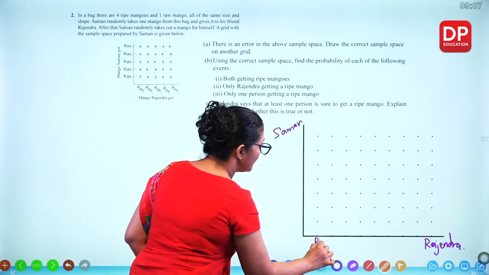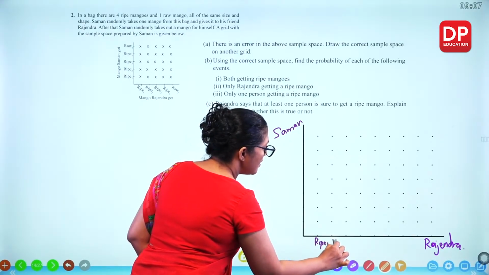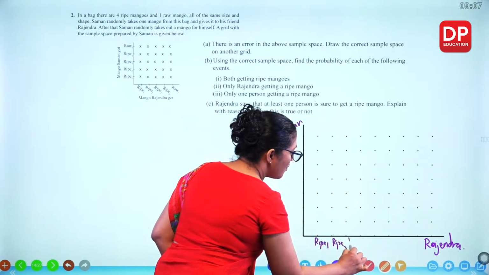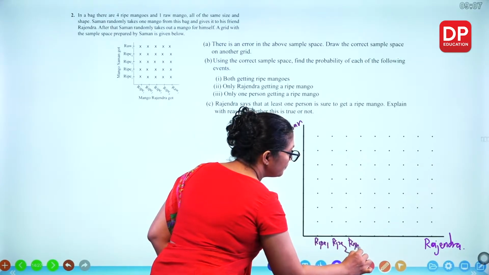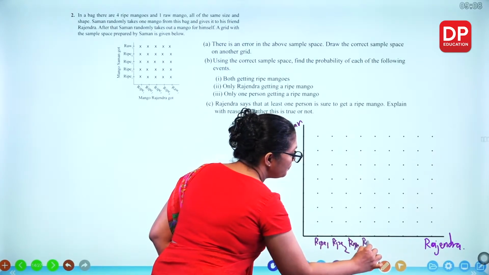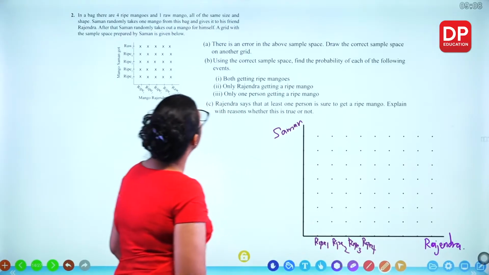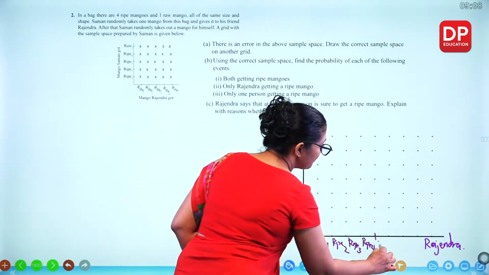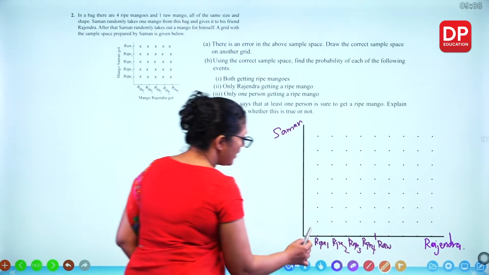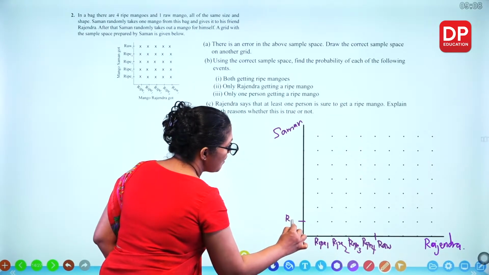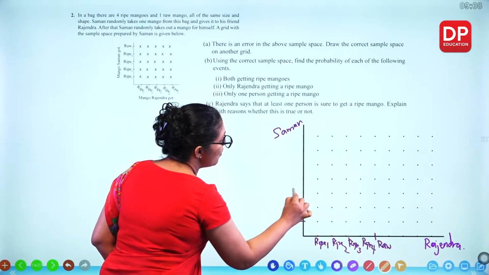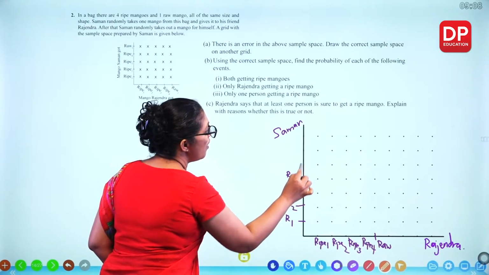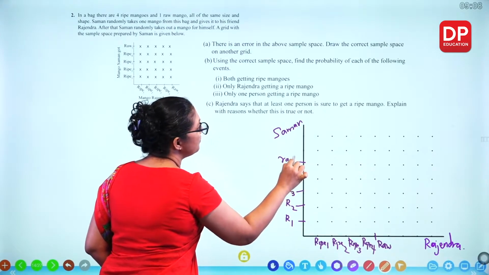So what are the mistakes? You can write down: this is ripe 1, ripe 2, ripe 3 and ripe 4. And the other one, raw 1. Here also the same thing: ripe 1, ripe 2, ripe 3, ripe 4 and the raw one.